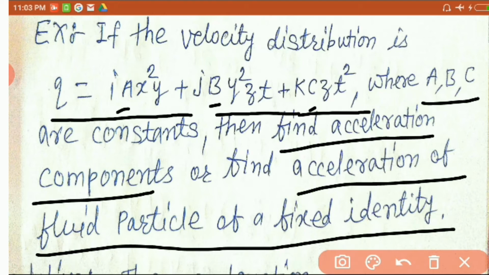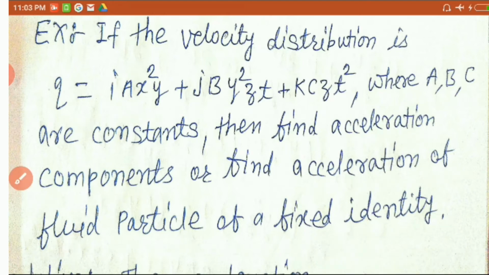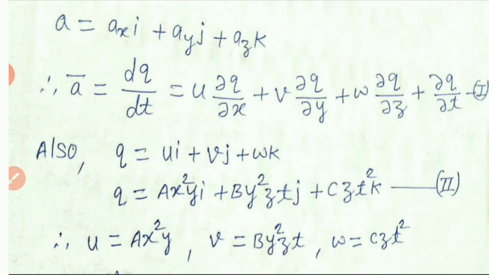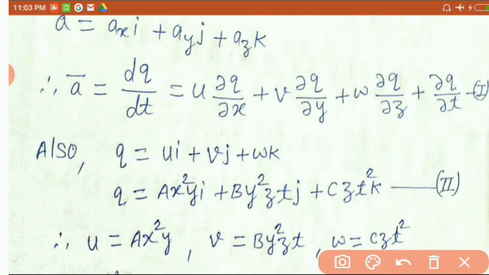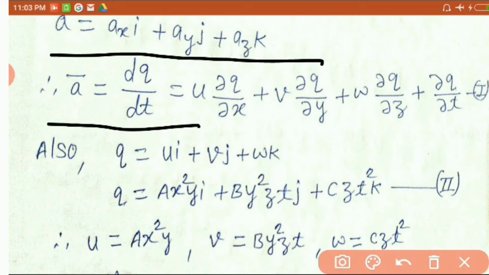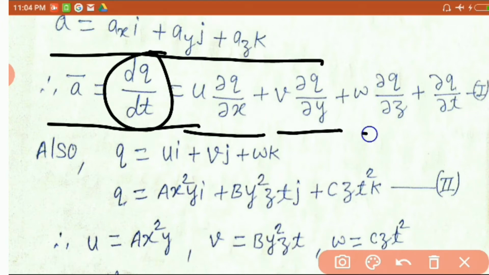Now we'll start the solution. We know that the acceleration a is a_x i + a_y j + a_z k. And what is a? This a is Dq/Dt, which is equal to u ∂q/∂x + v ∂q/∂y + w ∂q/∂z + ∂q/∂t.